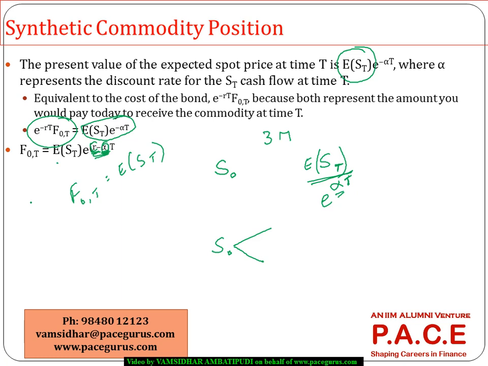Right? So what we are trying to derive here is the forward rate for a commodity need not be the same as expected spot rate at a future date. It may be higher or it may be lower based on what is the rate of return that is typically expected out of that commodity.